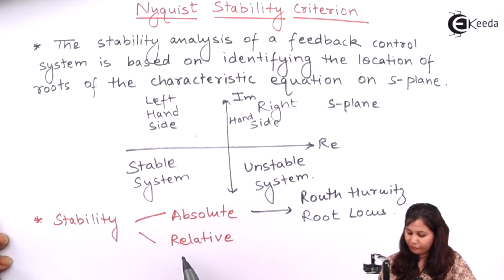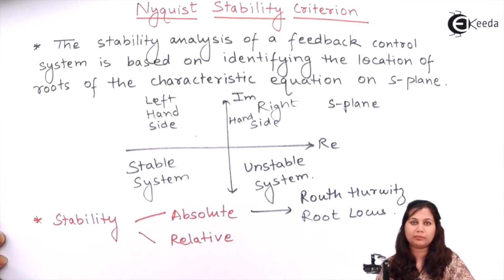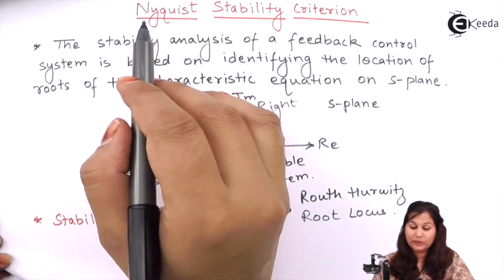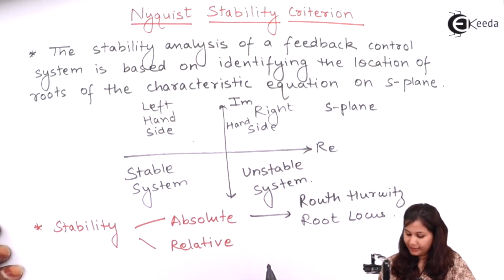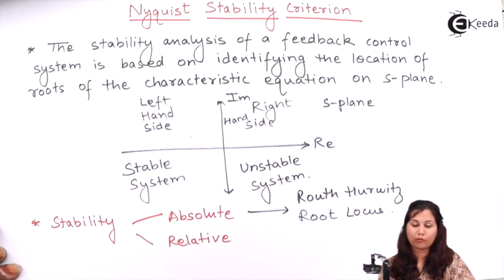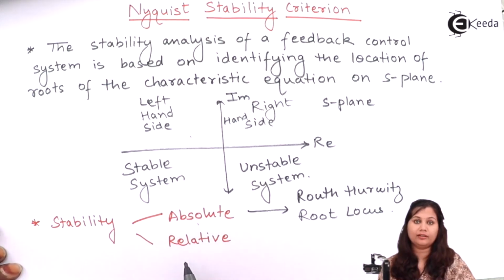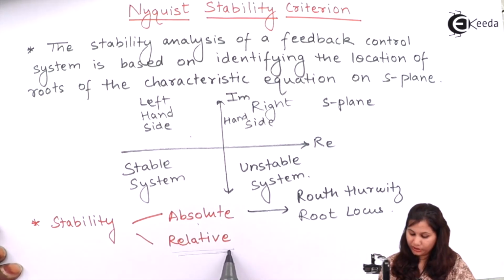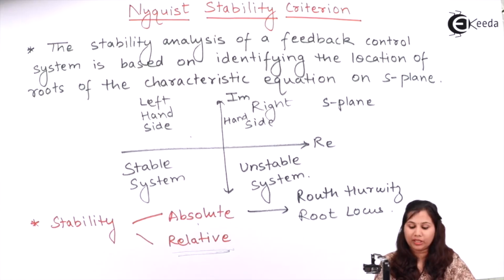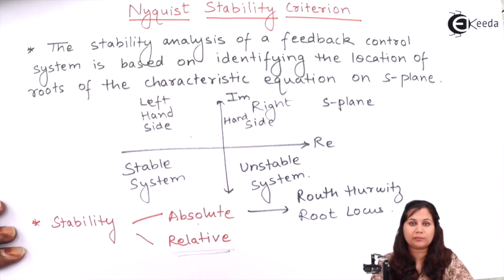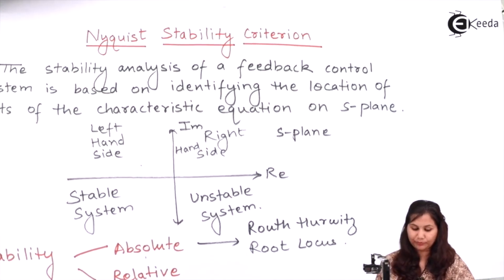They don't give us any information about the relative stability, but this Nyquist stability criteria gives us information about both the absolute and the relative stability. So whenever we want to find out the relative stability of the system, we can use this Nyquist stability criteria.